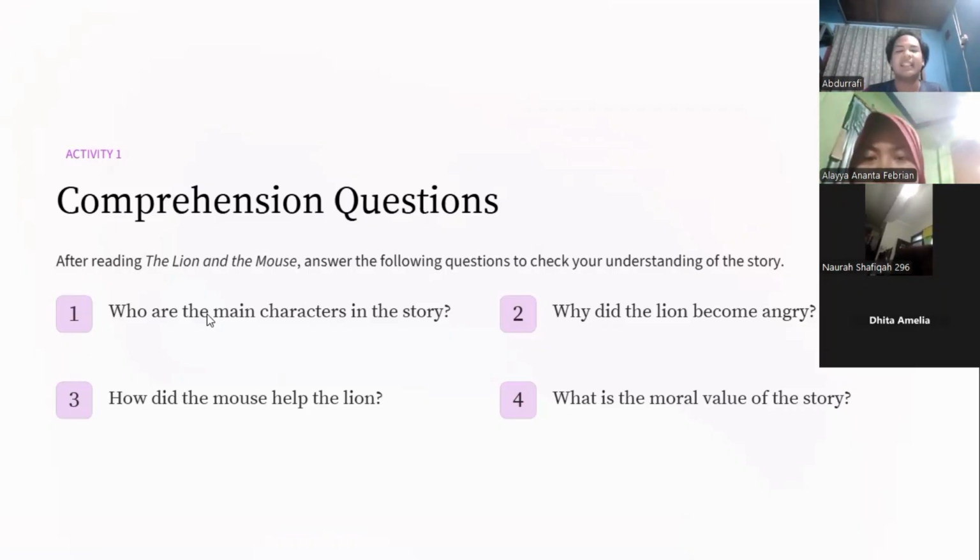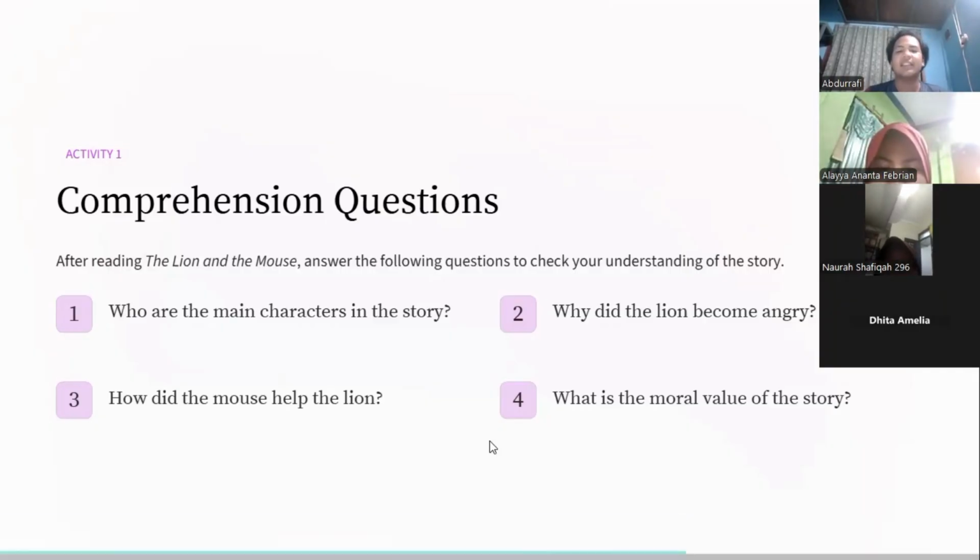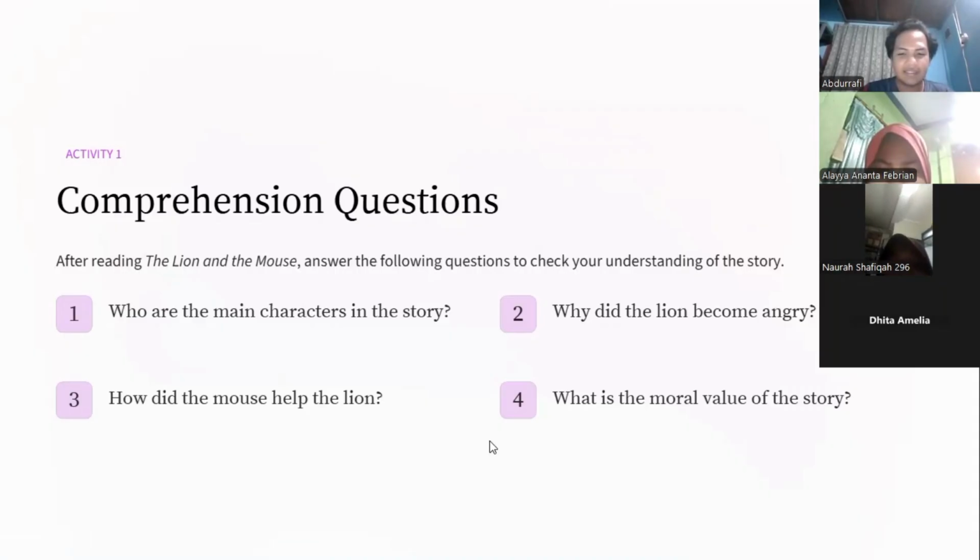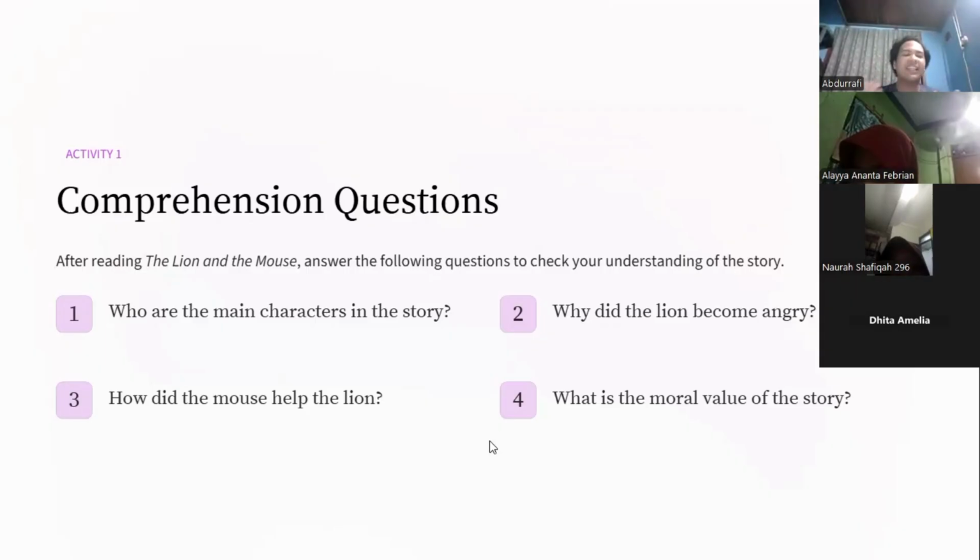Yes, exactly. Thank you for the answer. Next question, how did the mouse help the lion? Anyone? Me, Mister. Okay, answer, Naura. The mouse helped the lion by chewing the ropes of the hunter's net. Correct. Thank you for the answer, Naura.